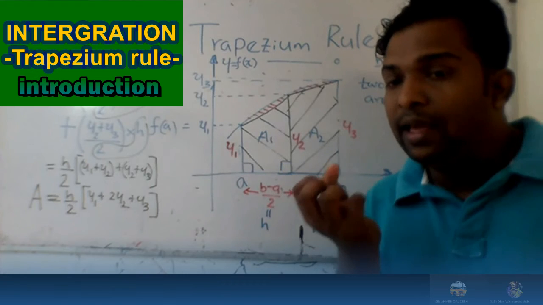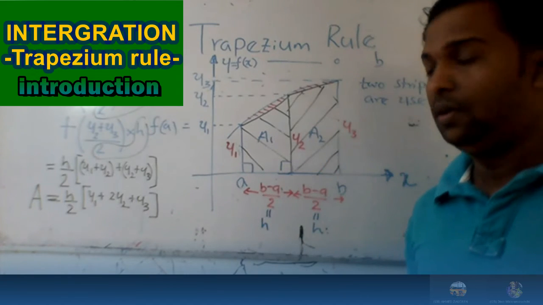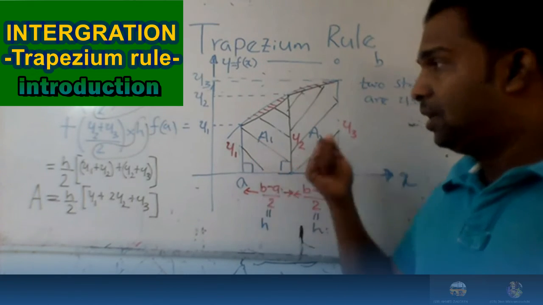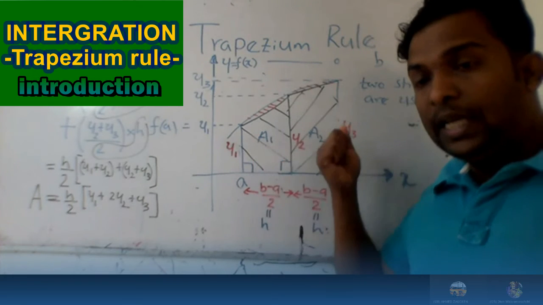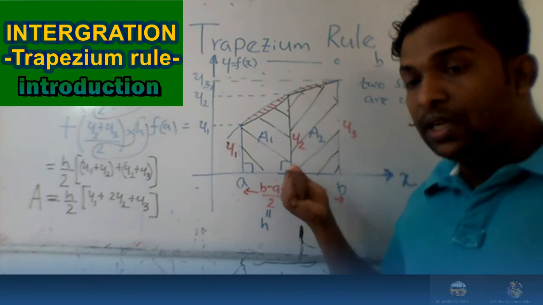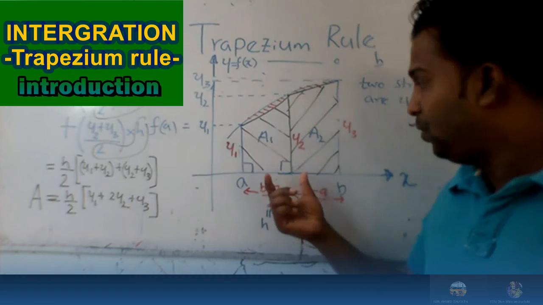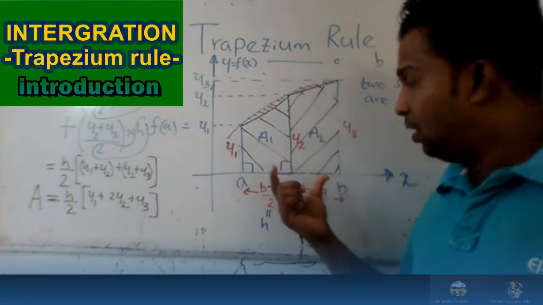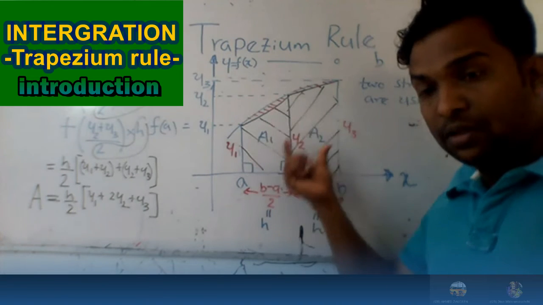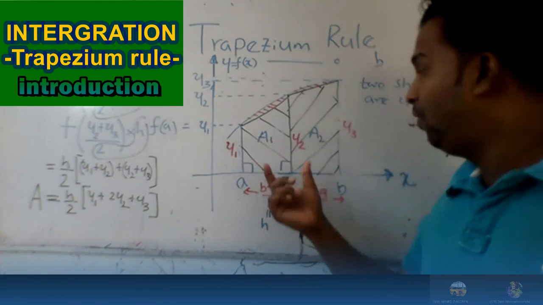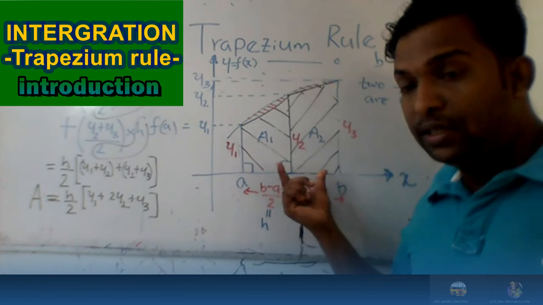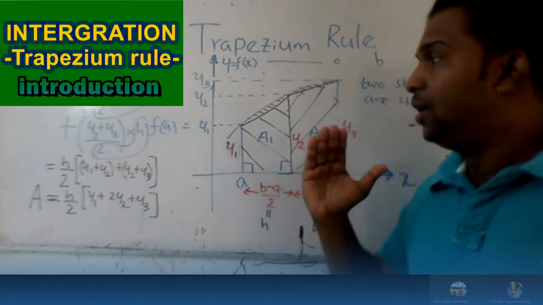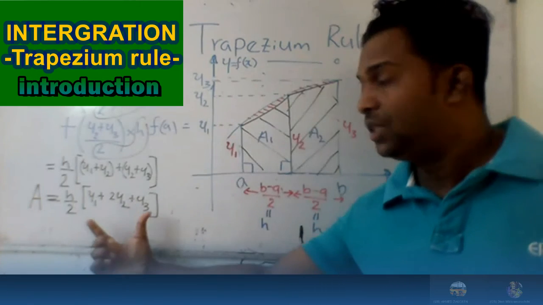That is the error we have. But what will happen if we use three strips? Now here we have only two trapeziums or two strips. But if we divide this into three strips, then we have to put more terms here.